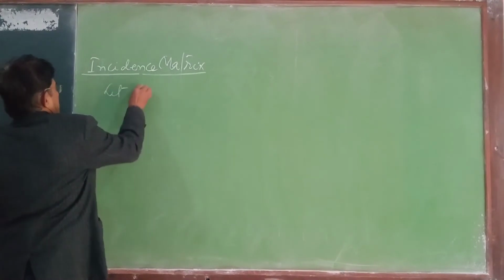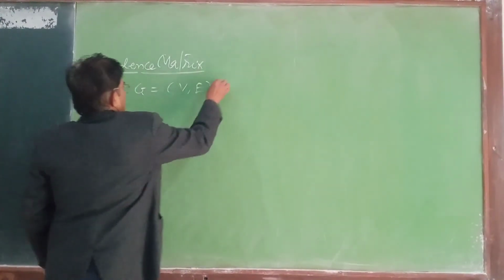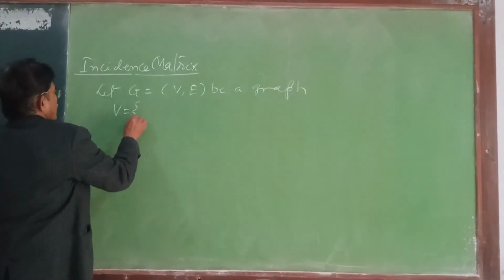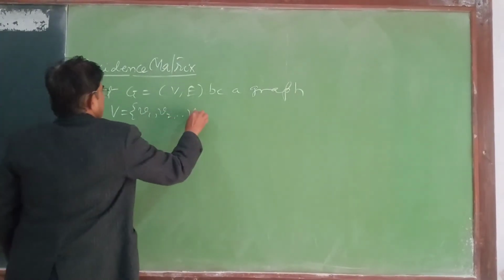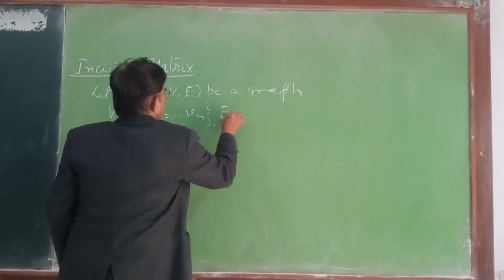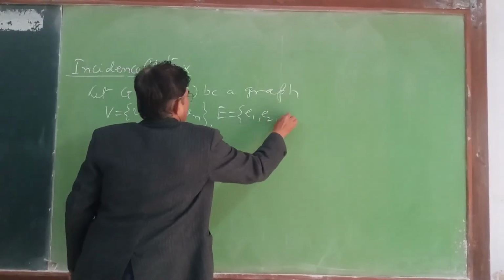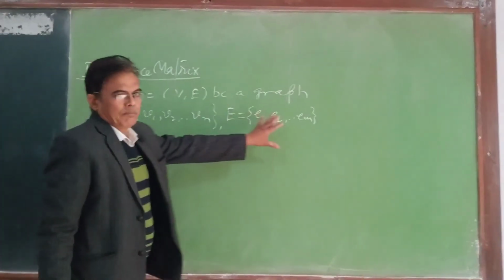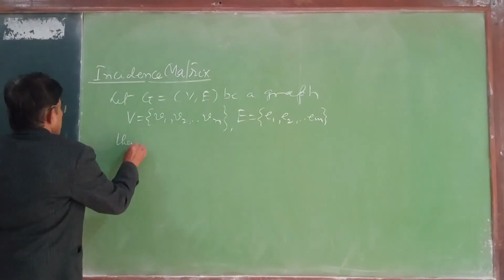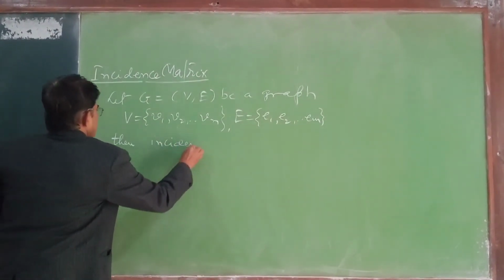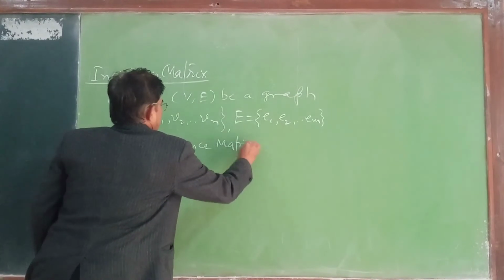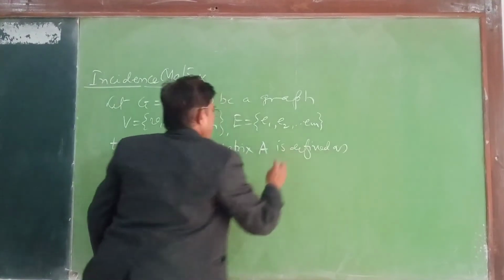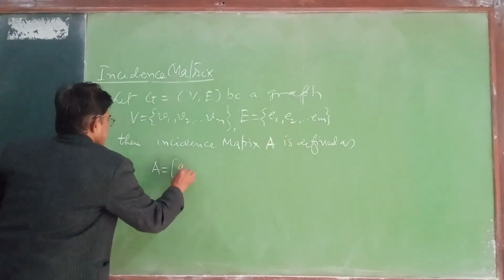Let G equal to (V, E) be a graph, let V equal V1, V2 up to Vn, and E equal E1, E2 up to Em, meaning the set of vertices has n elements and the set of edges has m elements. Then the incidence matrix A is defined as A equal to Aij.